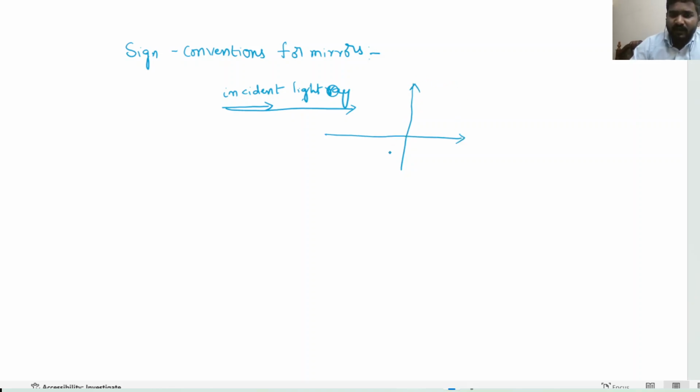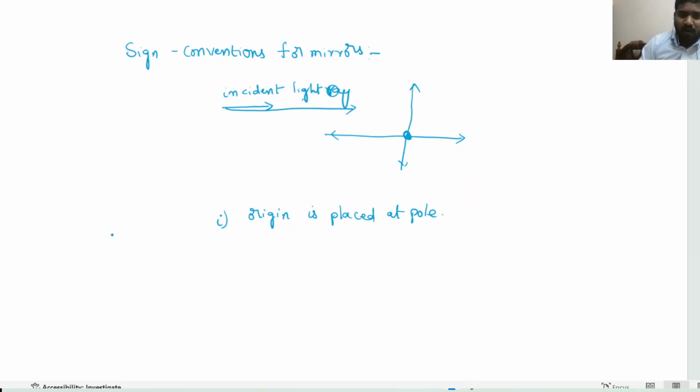Like this, you can take one Cartesian coordinate system, with the pole taken as the origin. The first sign convention: the origin is placed at the pole.